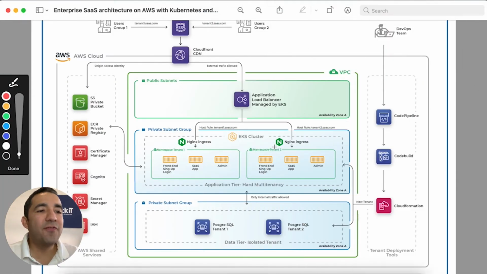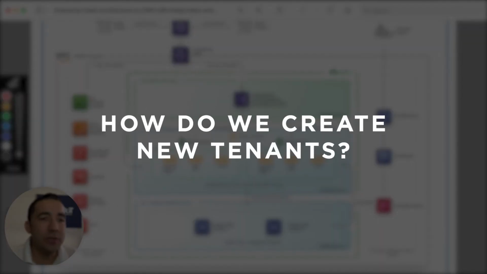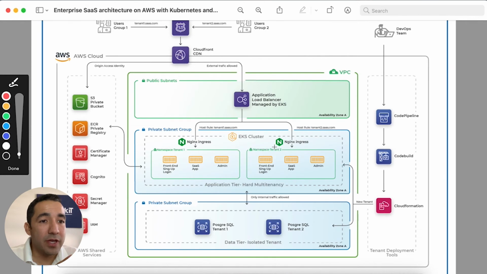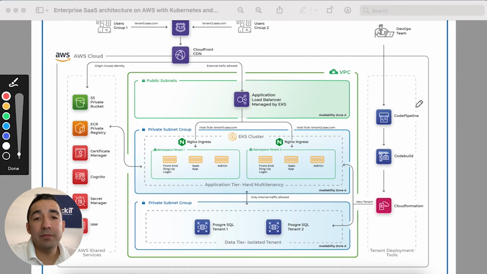So guys, now the fun part: how do we create new tenants? This requires a lot of DevOps expertise. The way to orchestrate new tenants is composed of the next steps. You will need CodePipeline, Amazon CodeBuild, and Amazon CloudFormation to create new tenants.